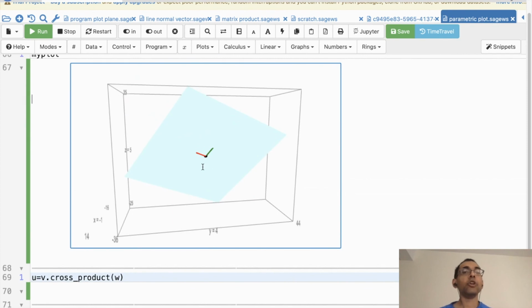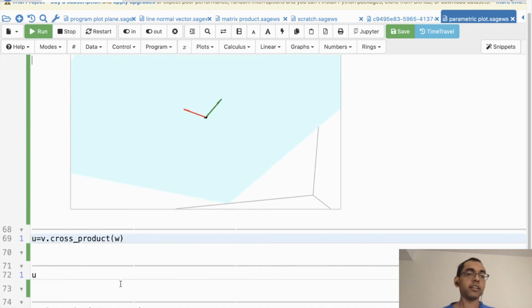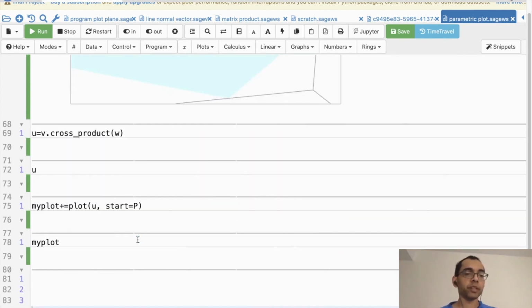Okay, then one more thing. Let's find the normal vector to this plane, and that is given by the cross product of these two vectors, v and w. So that's this line here: u is equal to v cross product w. Hit Shift-Enter, and then ask what u is.